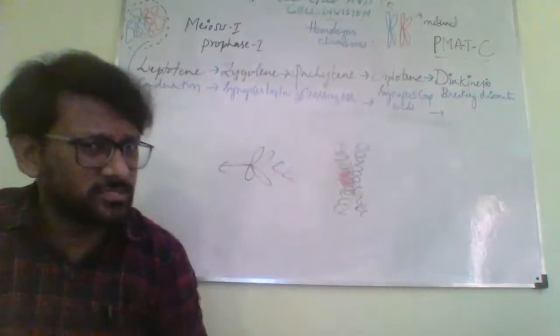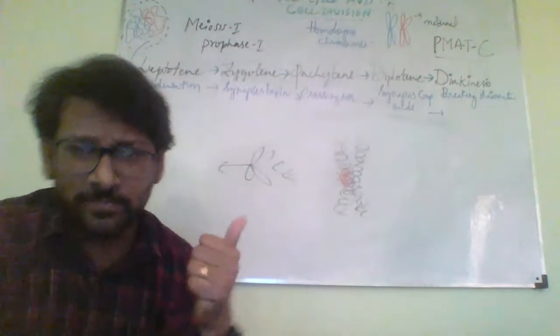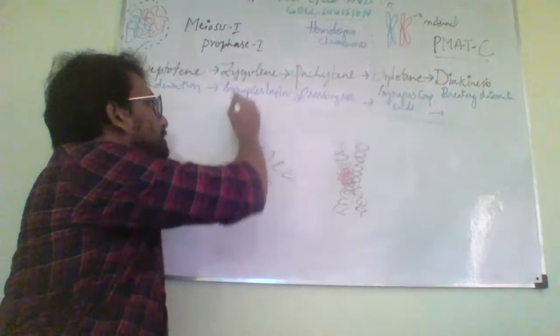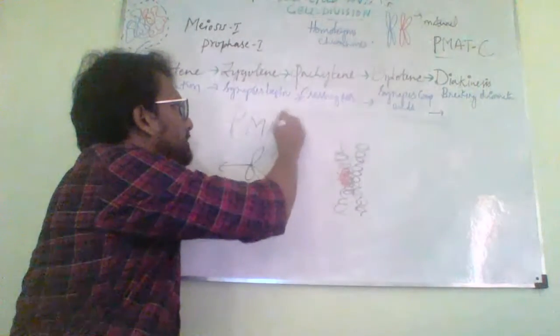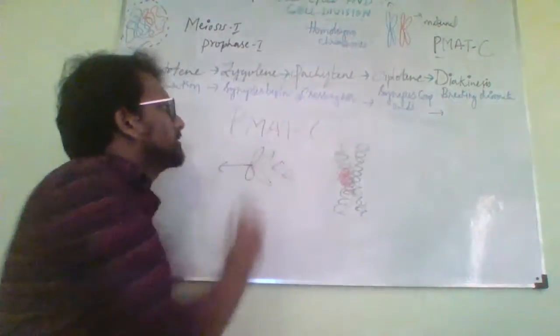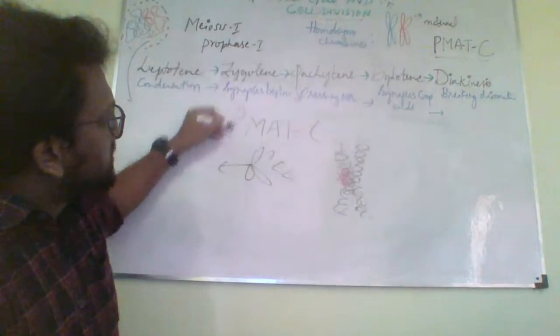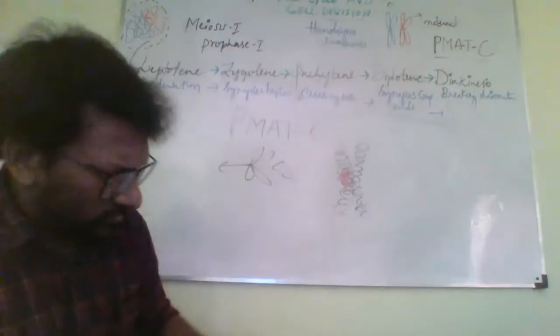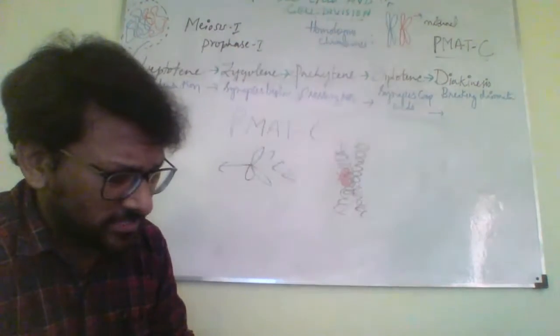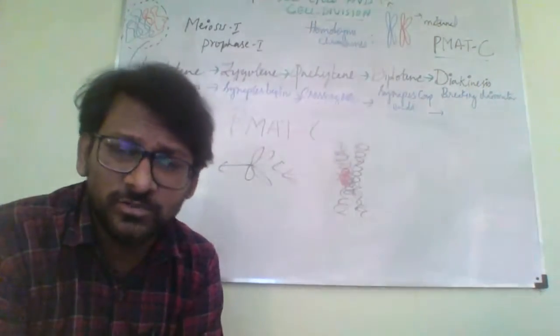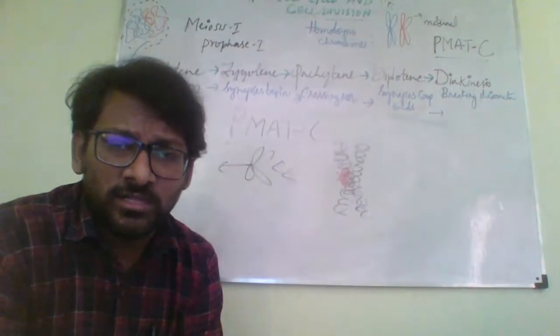So this is mitosis. During prophase, what happens in M phase, we are talking about PMAT. In prophase, the nuclear membrane disappears, and you need to focus on when it reforms.